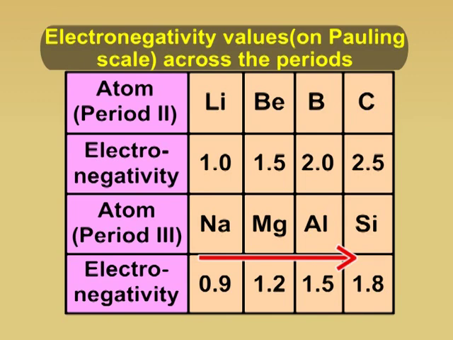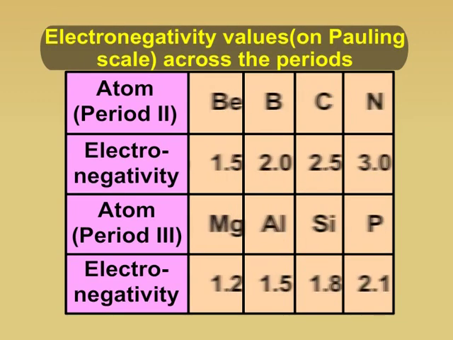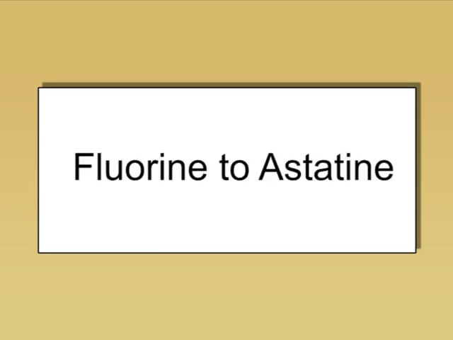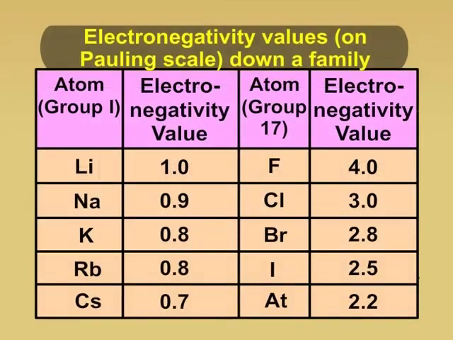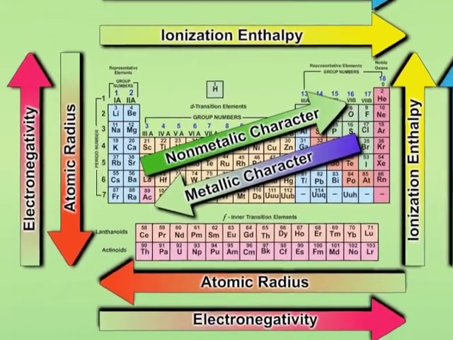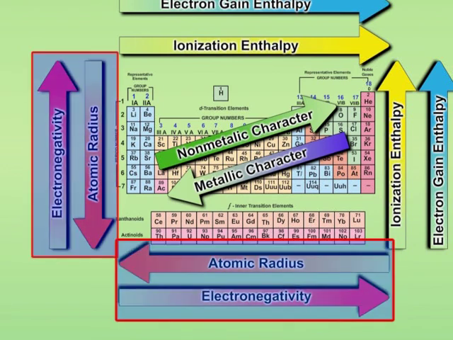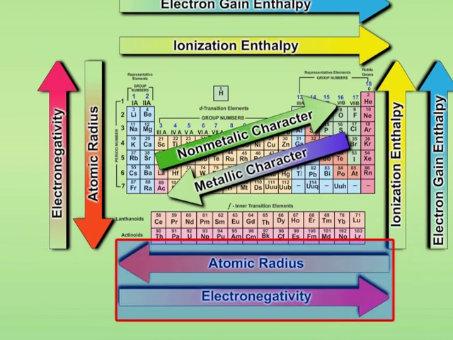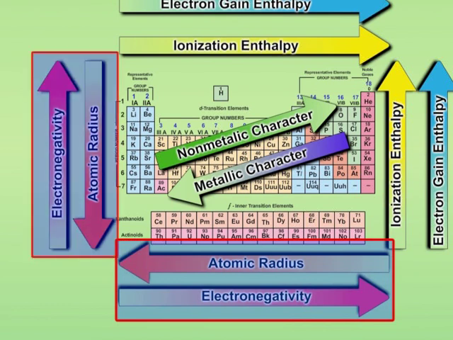Electronegativity generally increases across a period from left to right, say from lithium to fluorine, and decreases down a group, say from fluorine to astatine in the periodic table. Do you know how these trends can be explained? Can the electronegativity be related to atomic radii, which tend to decrease across each period from left to right, but increase down each group?